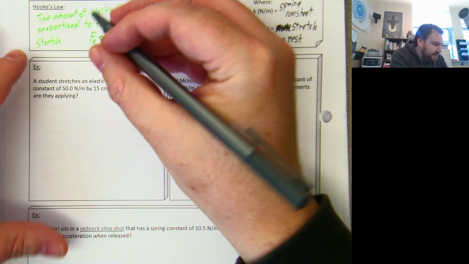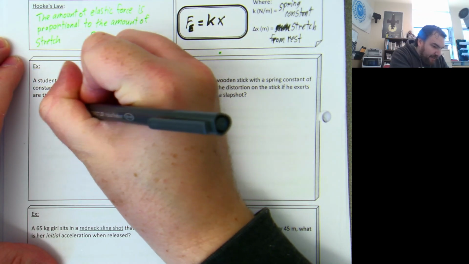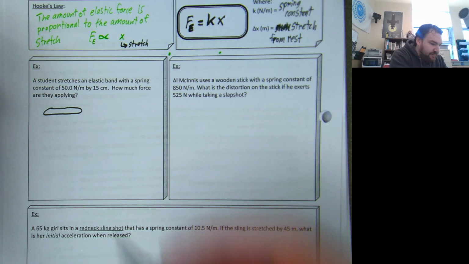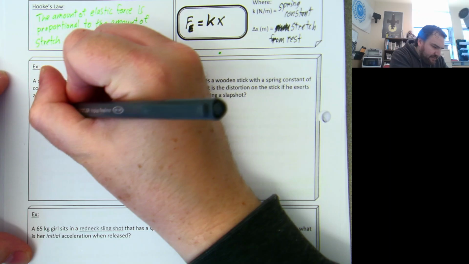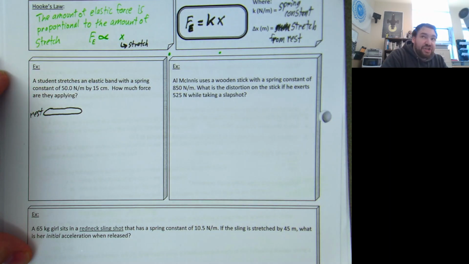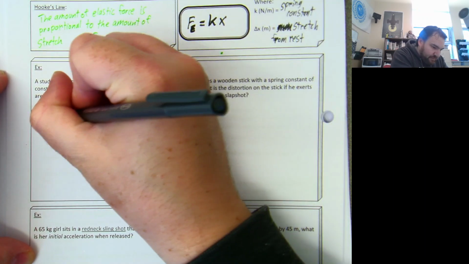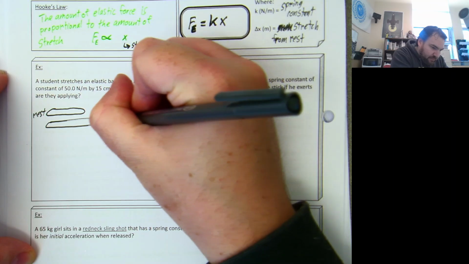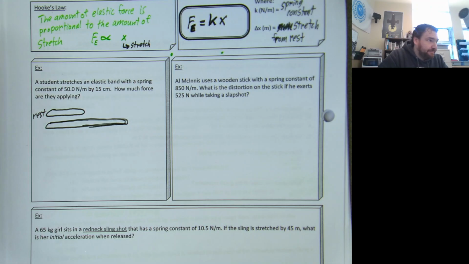Well, here's what's happening. They have a rubber band. This is the rubber band at rest. And then they stretch the thing. Draw the picture with me. You have to label these things.